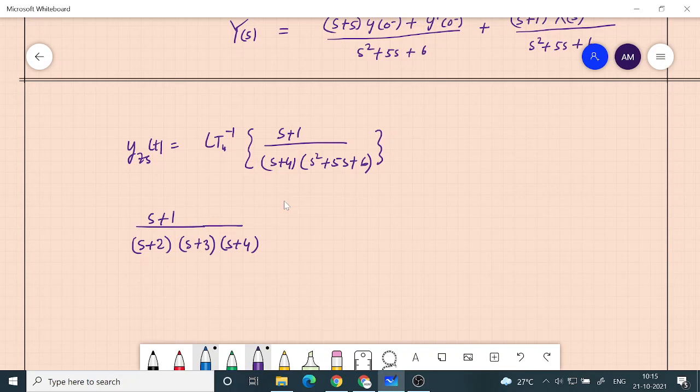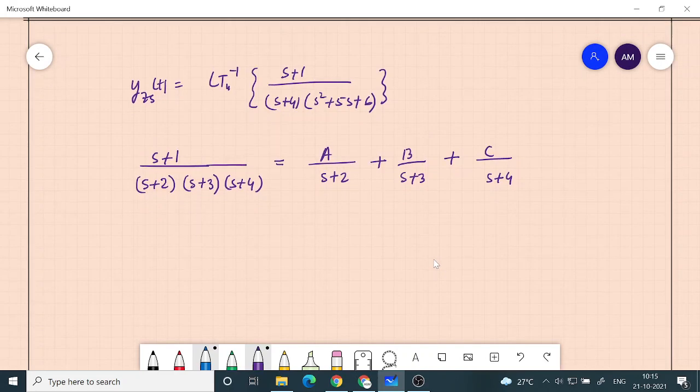So if it was absent, then it would look similar to the previous case. So now I can write it as A by s plus 2 plus B by s plus 3 plus C by s plus 4. So this way I can write.